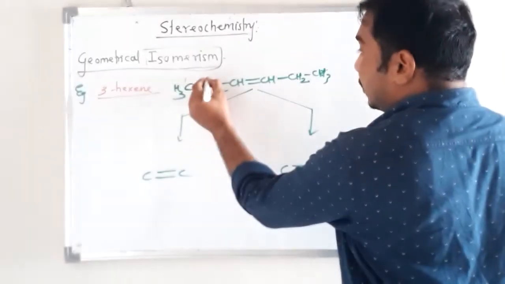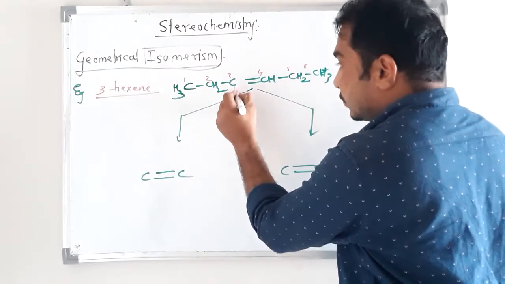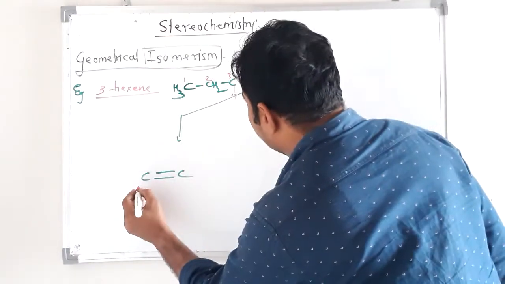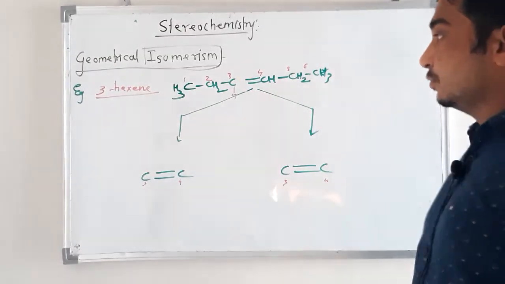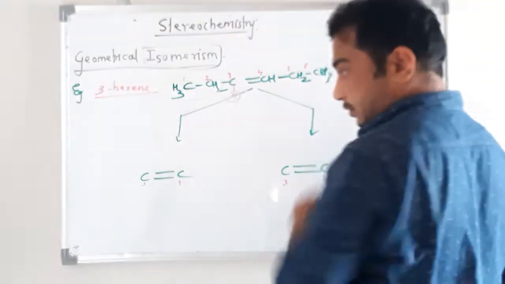See, this is carbon 1, 2, 3, 4, 5, 6. Carbon number 3 has hydrogen and an ethyl group. Carbon numbers 3 and 4. Carbon number 3 has two substituents, an ethyl group and hydrogen.